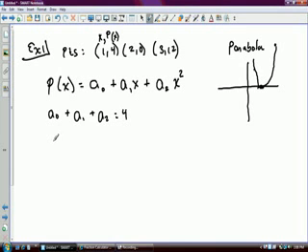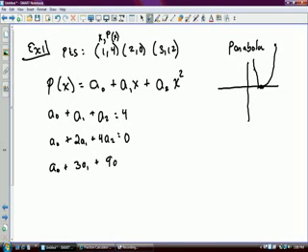In the second equation, if I plug in the point (2, 0), a0 stays the same, plus 2 a1 plus, I have to square it now, 4 a2 equals 0. And then the third one is a0 plus 3 a1 plus 9 a2 equals 12.